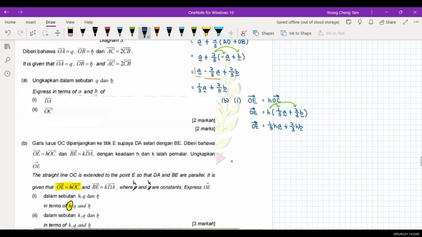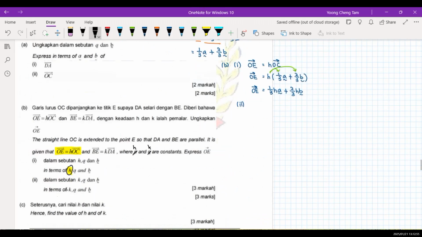Now let's go to question B2. Again, you want to find vector OE, but this time you need to find it in terms of K. So how do you get the K in your question? You must use this information.